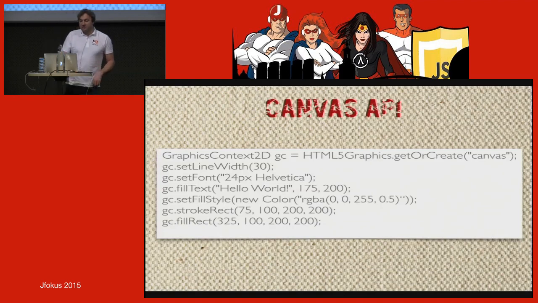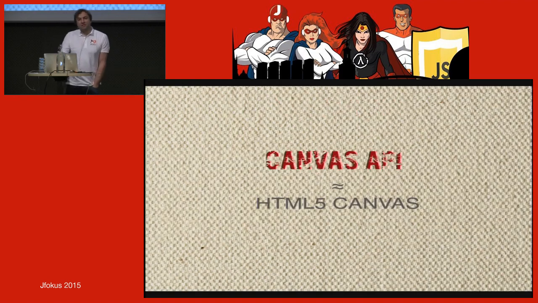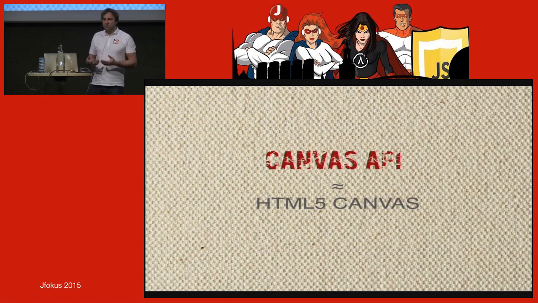We also have a Canvas API, and the Canvas API is for those of you who write games or something like that, because they need a different way of programming. If you just bind your view to the model, then you can do forms very easily, business applications.